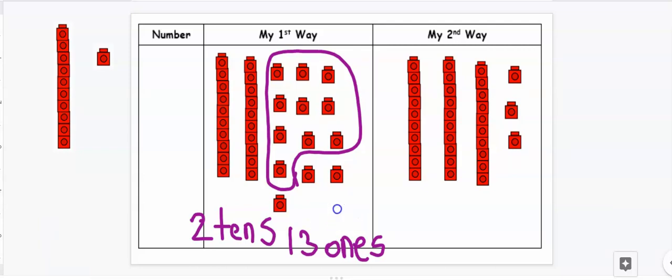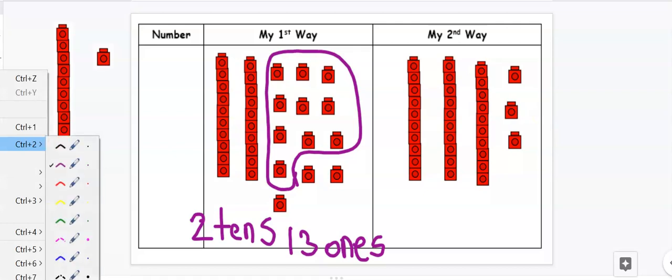Okay, so let's see if we're right, and let's count the other way. Okay, 10, 20, 30, 31, 32, 33. That one's 33 too. I'm going to get my pen again.